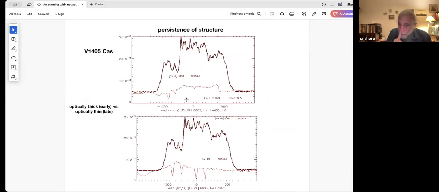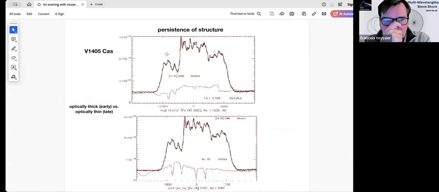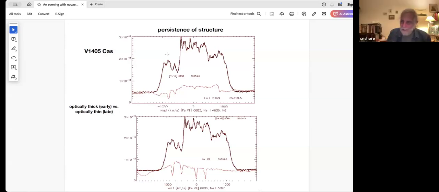The other is something, again, that's new for V1405 Cas, that in the optically thick stage, you see absorption. In the optically thin stage, you see emission. These are on different lines. So they're tracing the same structure. But in one case, it's stuff that's been ionized by the X-rays.